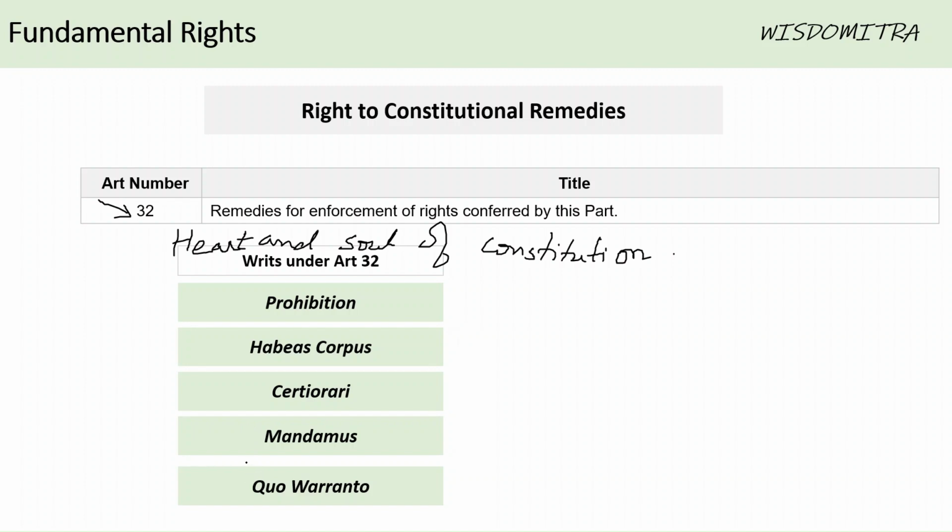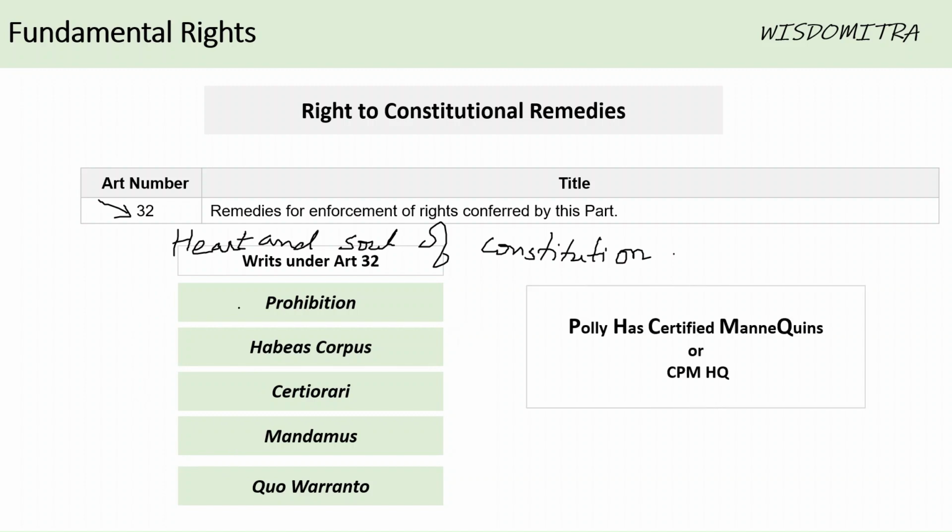Under this writ, the Supreme Court checks the authority of a particular person or government entity when they are performing a particular act. Is that valid? Are they in power to do that particular thing? Yes or no? These are the five writs through which citizens can approach the Supreme Court directly when their fundamental rights are violated. Because of these protections, Dr. B.R. Ambedkar has called it the heart and soul of the Constitution.